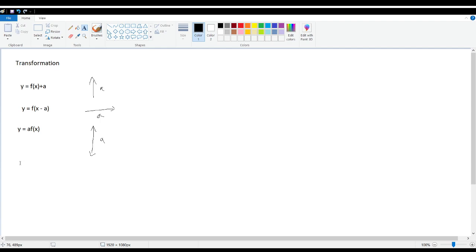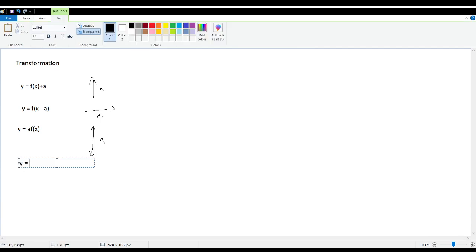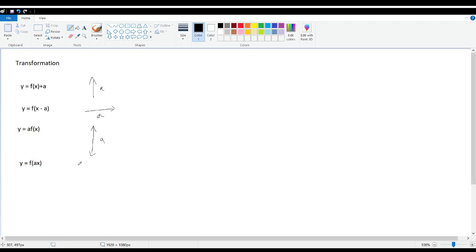Another transformation is y equals f(ax). So now the function will stretch horizontally, but this time with a factor of 1 over a. Remember, 1 over a. You must keep that in mind. So it stretches in the x direction.